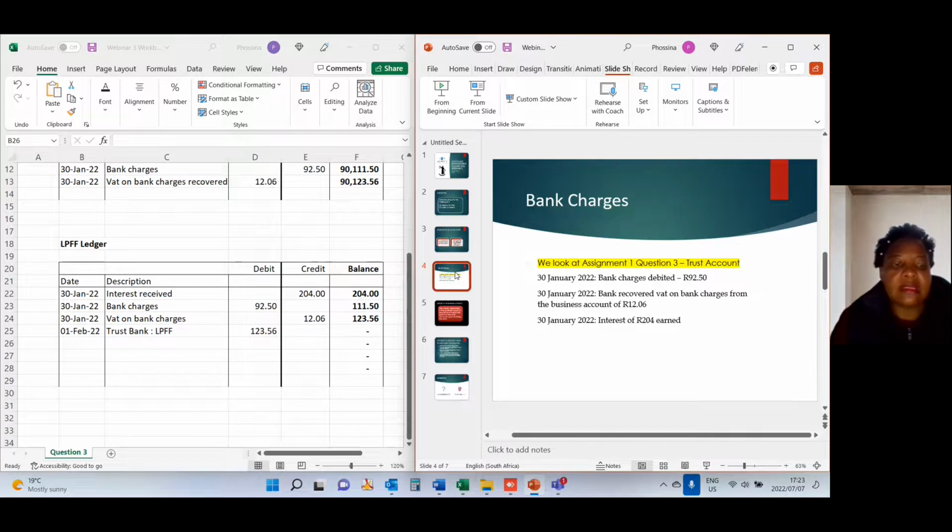But say, for instance, the bank does not do the payment, then before the firm can withdraw the funds from the investment account, because remember, if we invest in terms of Section 86(3) or (4), then the money is supposed to come back into the trust account.